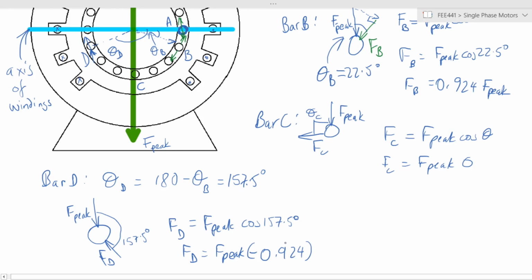Now this is very interesting because we have 0.924 negative here and we have 0.924 positive in that location. What does that mean?